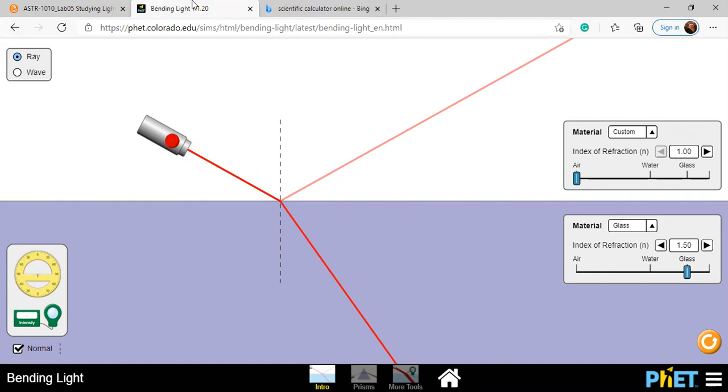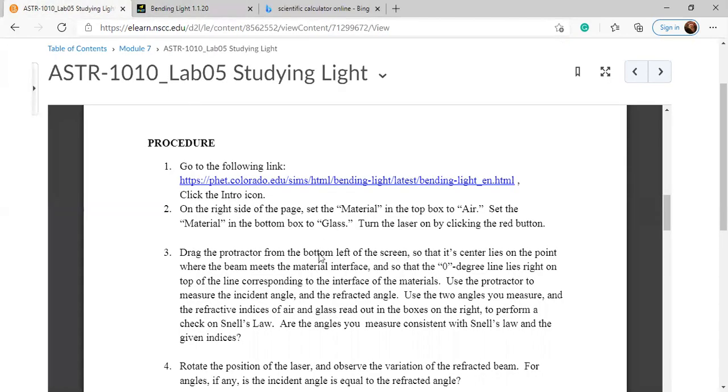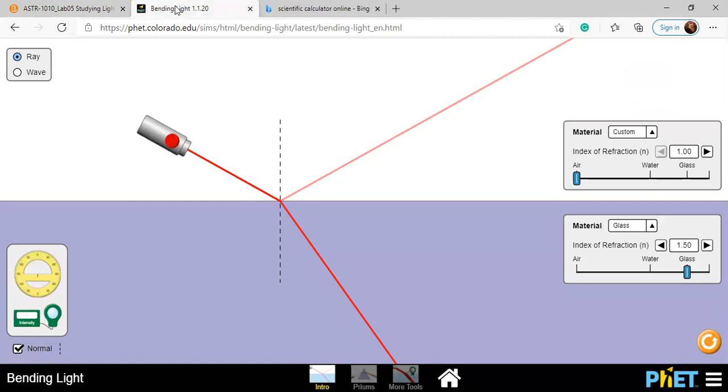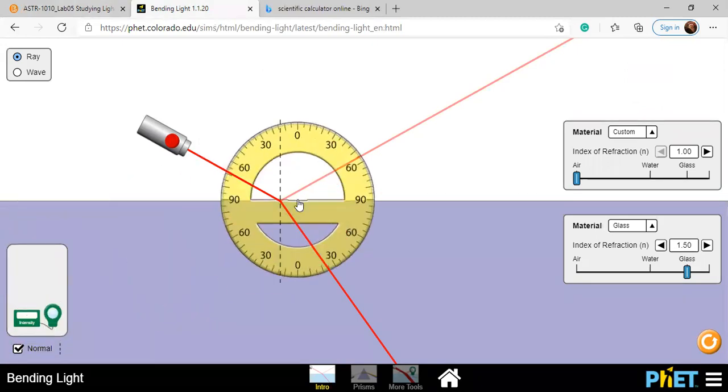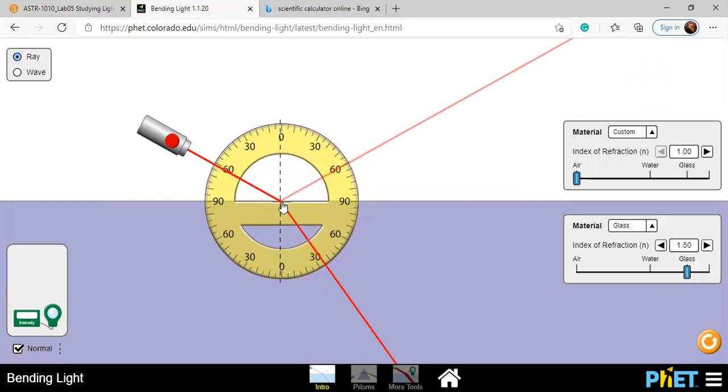First, you just have to see whether Snell's law is verified or not. To do that, here is the protractor.